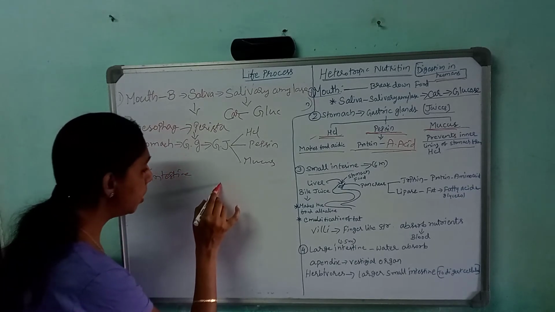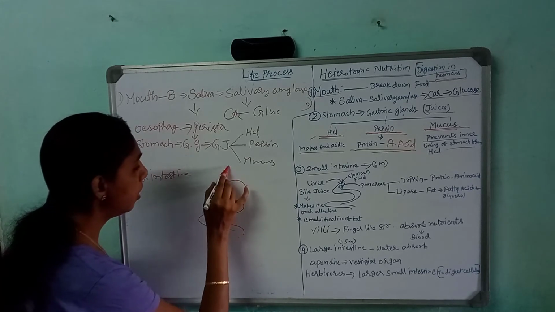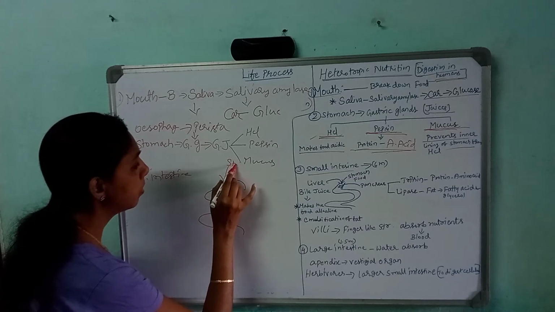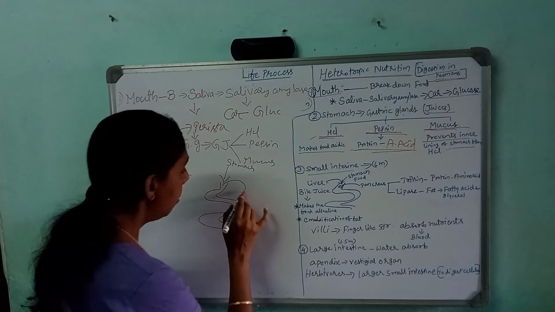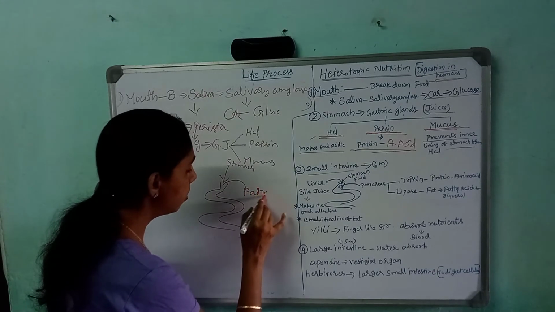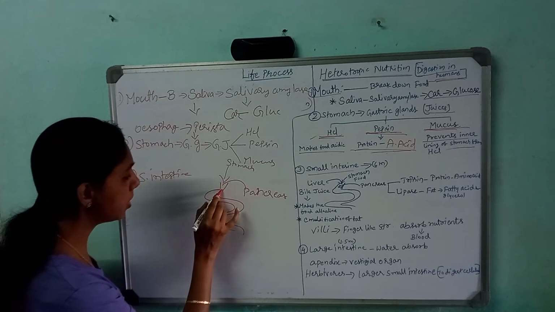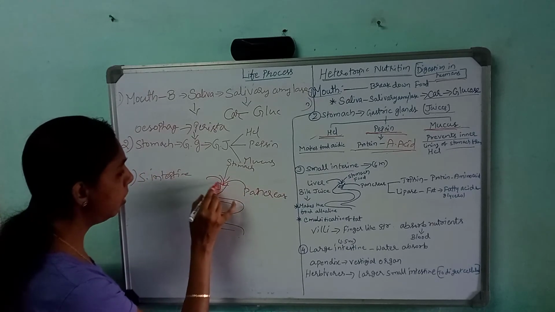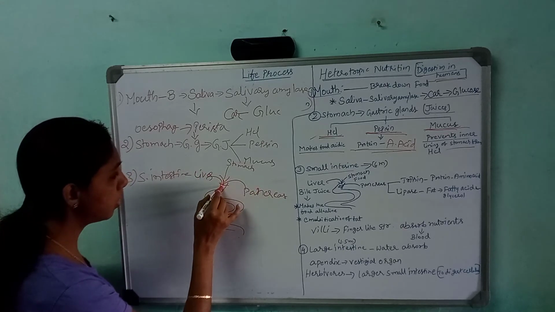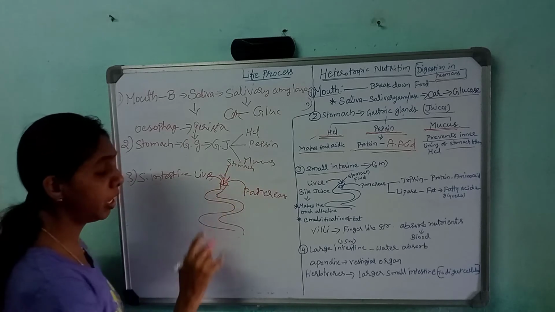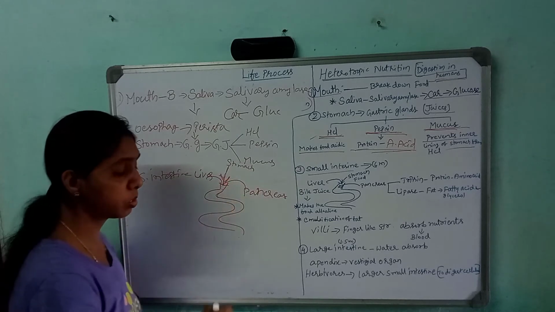From the stomach the food goes into the small intestine, and the pancreas is connected, and also the liver is connected. So the liver, the pancreas and the stomach are connected to the small intestine. The stomach brings food to the small intestine.